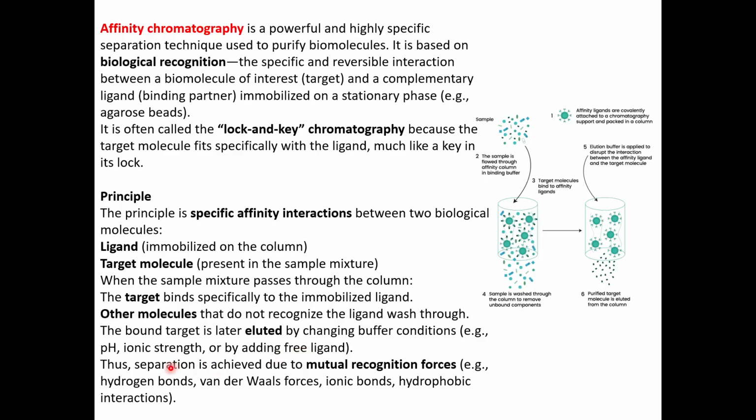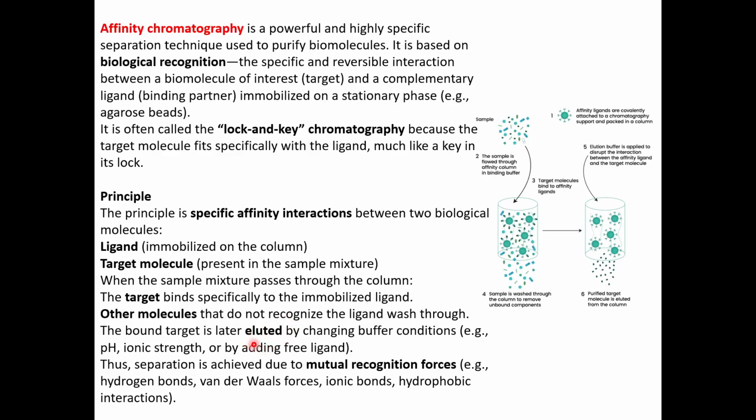and then the bound target is later eluted by changing the buffer conditions or pH or ionic strength, or even by adding a free ligand. So, like I said, it has to be a reversible binding so that once bound and all the unnecessary things are washed out of the column, you can finally regain your protein. So you have to elute it.